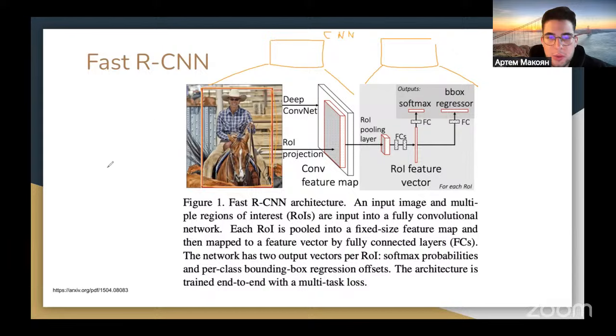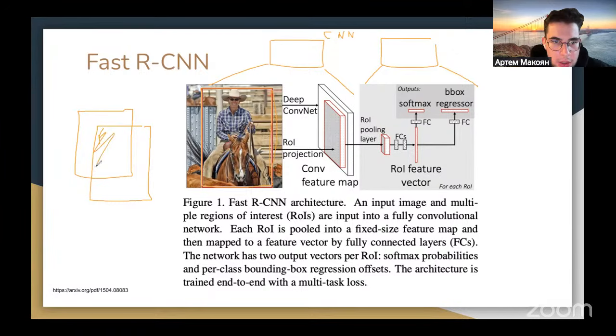But we can do it faster. How? If we have, for example, two bounding boxes that intersect and apply, for example, one convolutional layer, then for the intersection the result would be the same, because these are the same pixels.